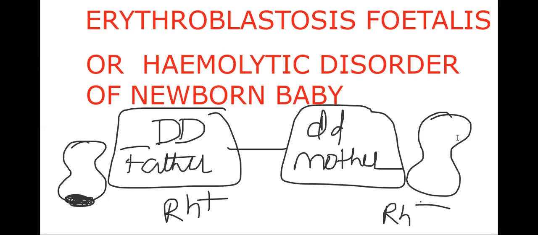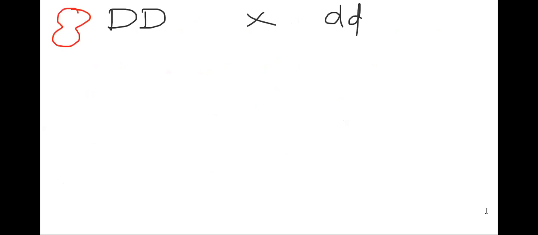So what happens? Let me show you. In this case, capital D is the father, small d is the mother. For your understanding, I am also drawing the RBC here. The father is positive, containing a factor called the Rh factor, and the mother is negative, on whose RBC there is no Rh factor. Let me use another color for the Rh factor. So this is the condition.